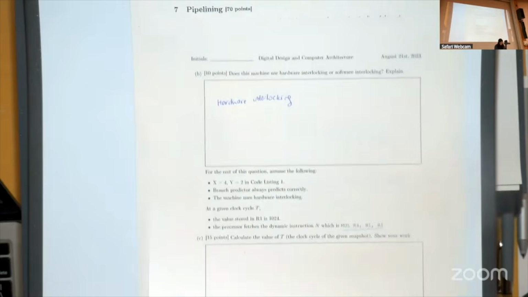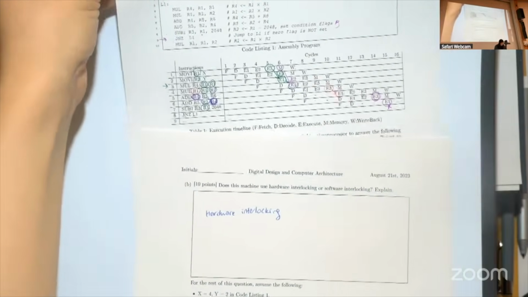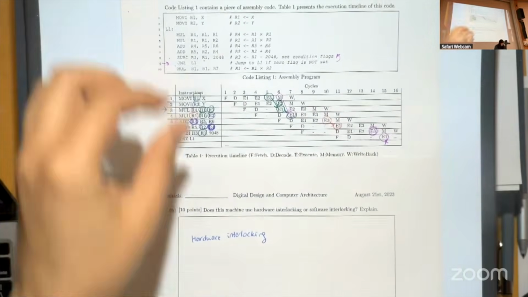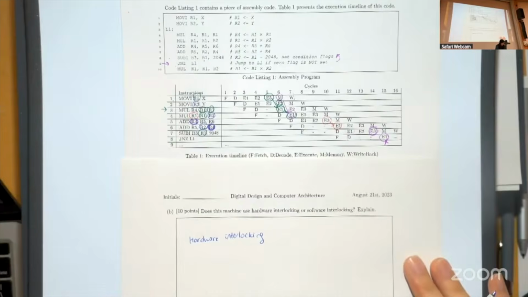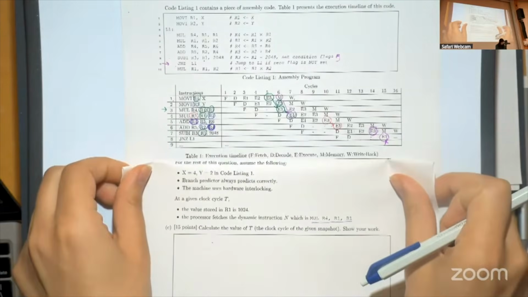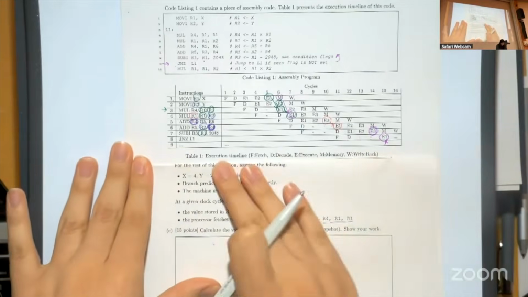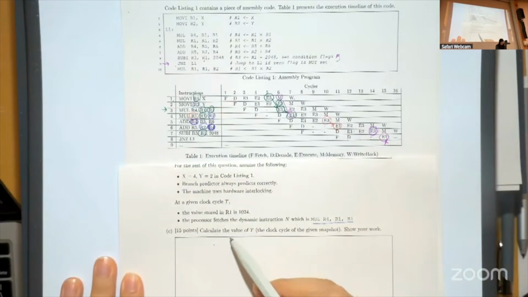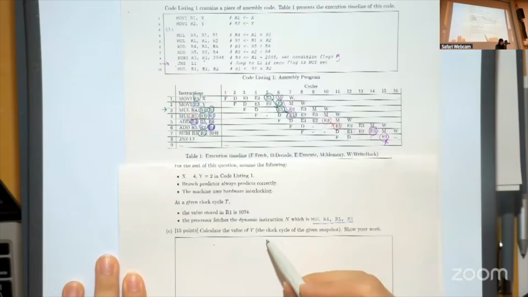I'll just show you the code and the timeline as well for this. Okay, so calculate the value of t, the clock cycle of the given snapshot, and show your work.